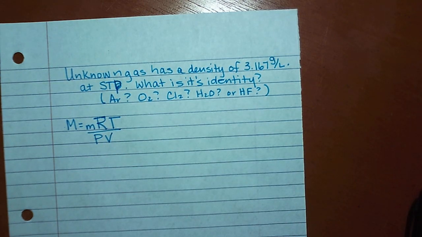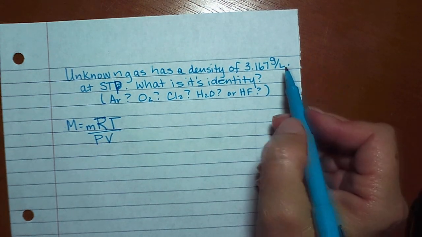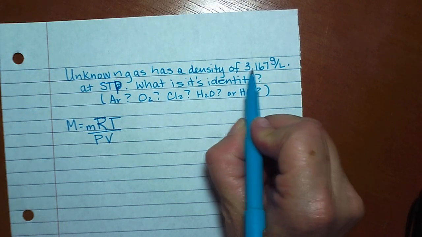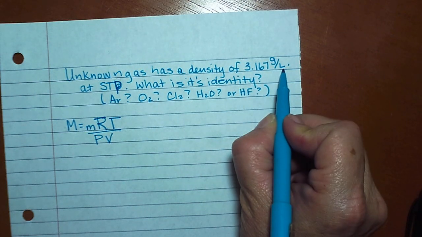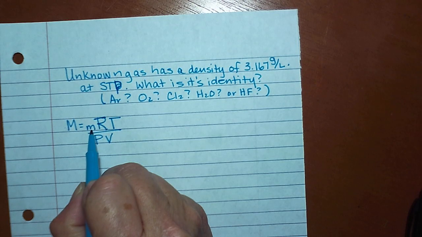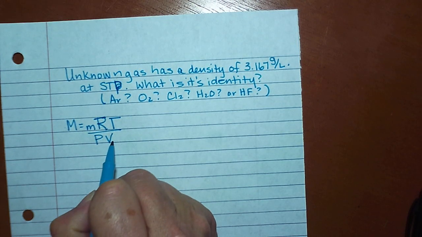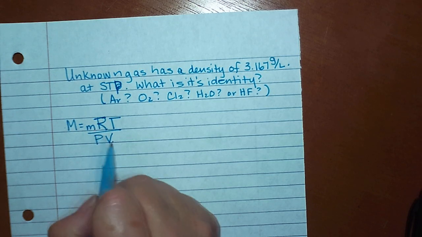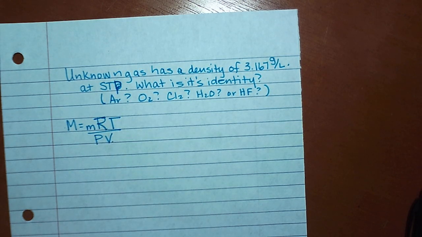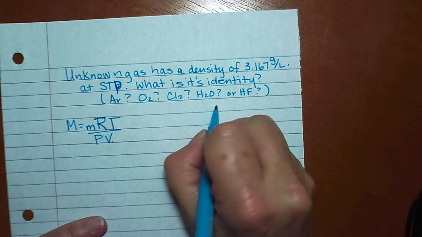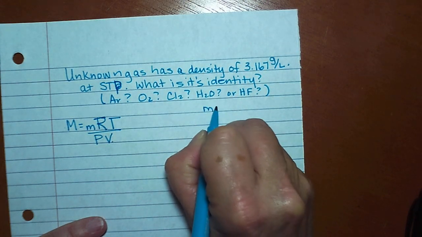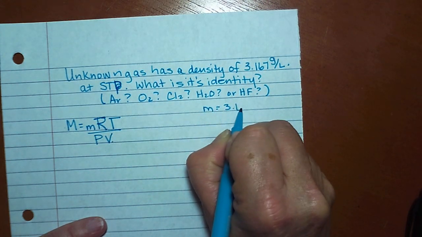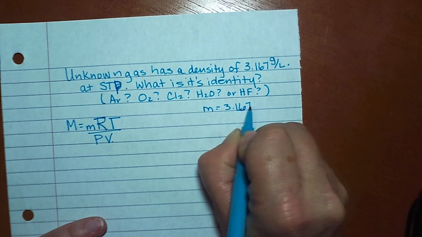Okay, so in this case, because this is 3.167 grams for 1 liter, what if I said I have 3.167 grams of it and I have 1 liter? Then that gives me grams and volume, right? And I know my temperature, so the mass of my sample is 3.167 grams.